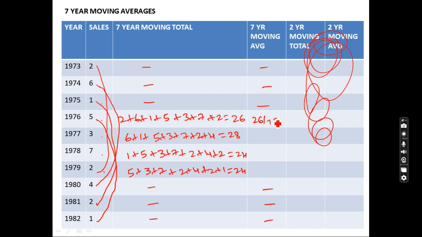By dividing by 7, and 28 by 7, and 24 by 7, and 24 by 7. So you got clarity now. 28 by 7 is nothing but 4, and this will be 3.71, and this will be 3.42, this also 3.42. Okay, so these are called actual values, and these are called trend values, or 7 year moving values.